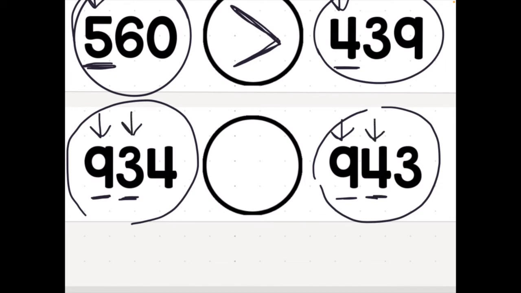Which one is more, 3 tens or 4 tens? 4 tens is bigger than 3 tens, so we need to eat the bigger number, 943. So if we read this, it says 934 is less than 943.